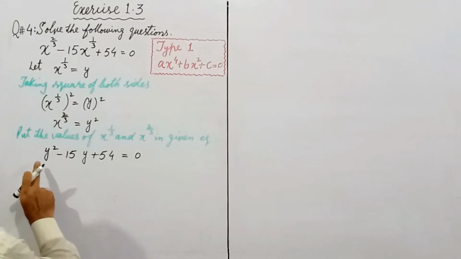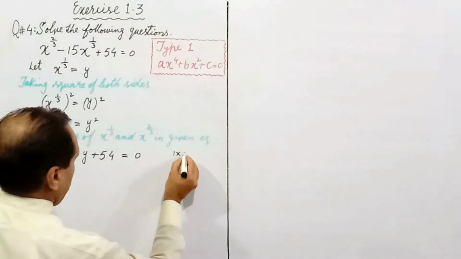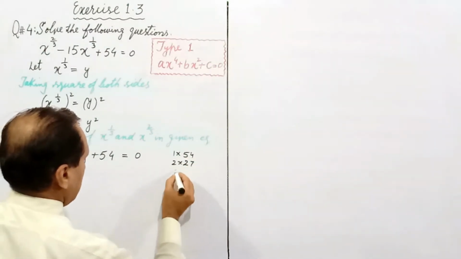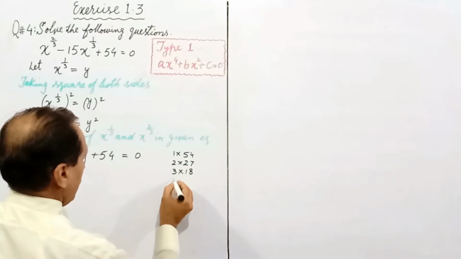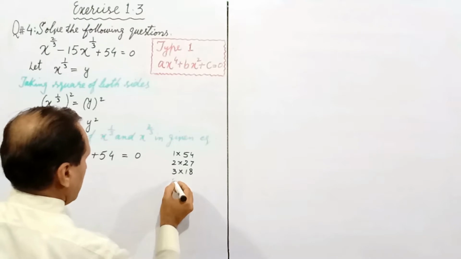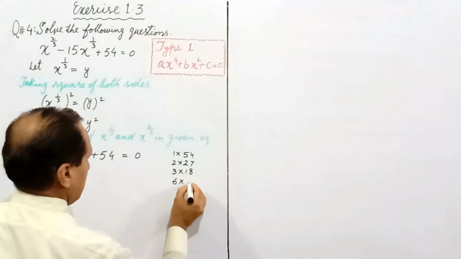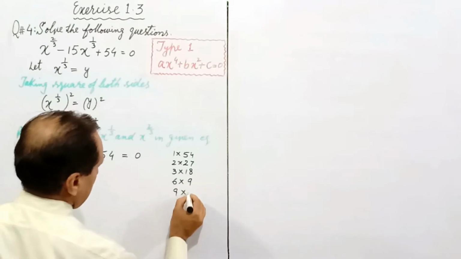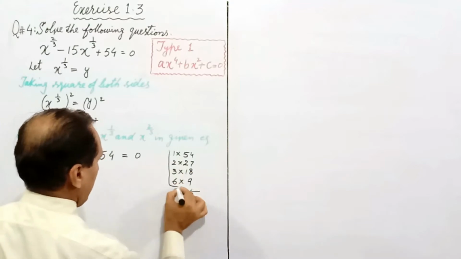First we find the product of the leading coefficient and the constant term, and that is 1 into 54, 2 into 27, 3 into 18. 54 is not divisible by 4, 5, 6; 9 sixes are 54, 6 nines are 54. 9 and 6 are repeated, so we stop making factors.